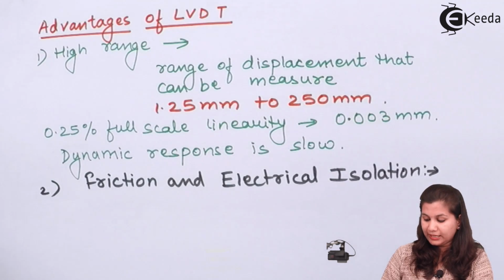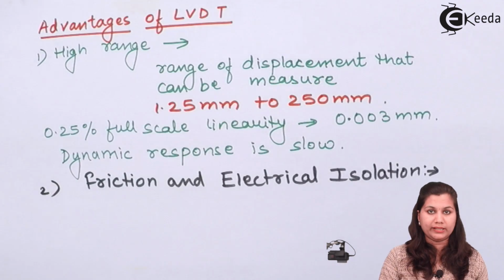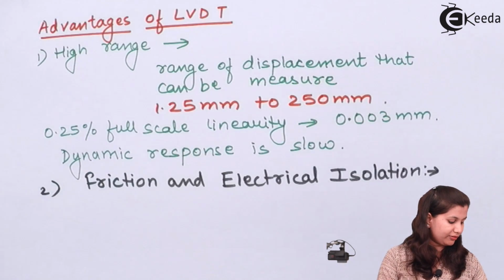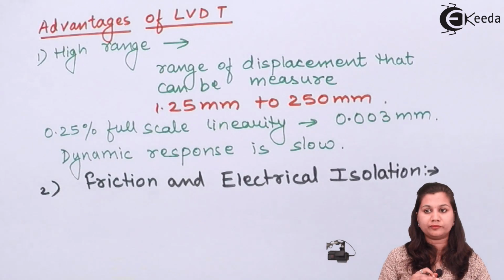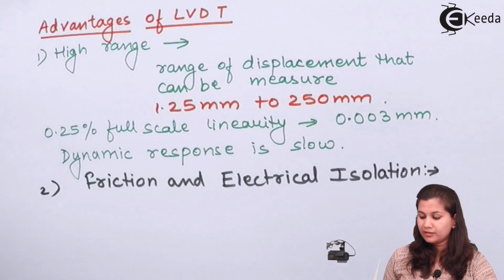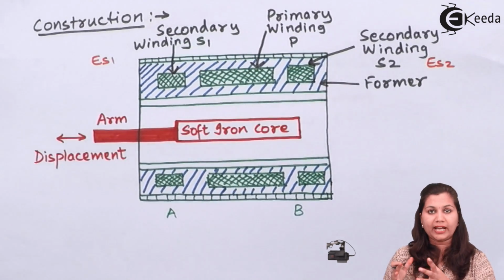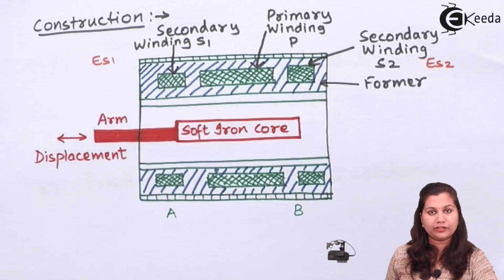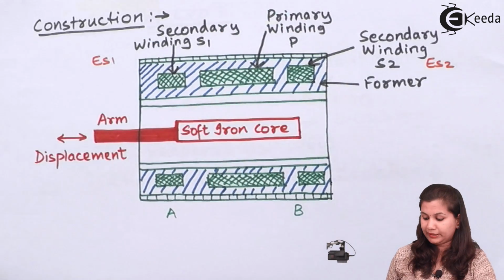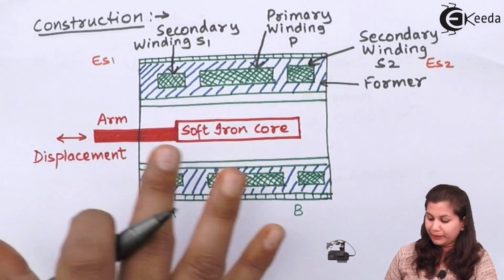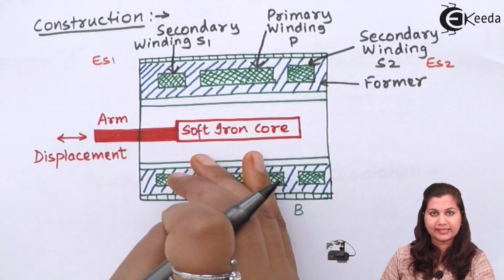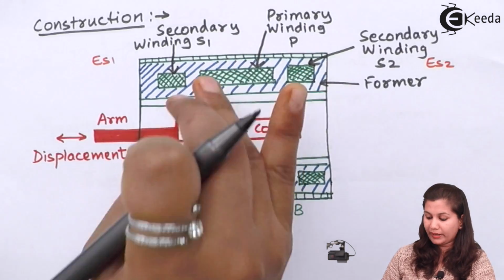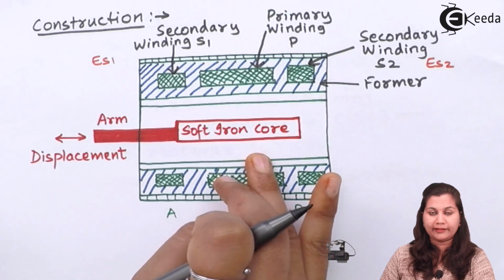So here you can see that the core and the coils, that is the primary and the secondary coils, are not close to each other, they are far apart. Coils are present separately, and the soft iron core is also present separately. Also there are no moving parts, no physical contact between the coils and the iron core.